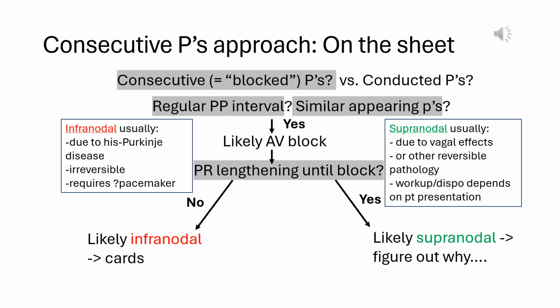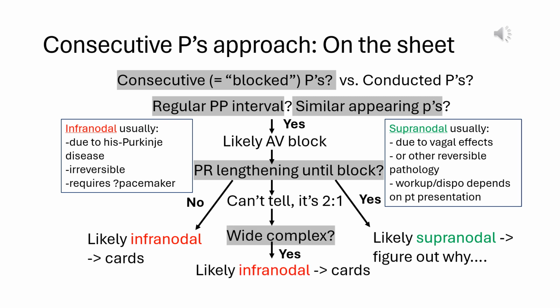Sometimes you have a conducted P wave alternating with a non-conducted P wave, and you accordingly can't tell whether there's PR prolongation. If the R wave is wide complex, assume that it's infranodal, but it's reasonable to discuss this with cards, particularly if the patient is having associated symptoms.